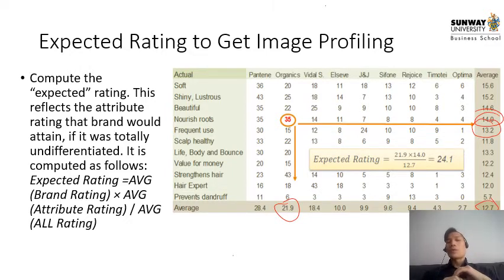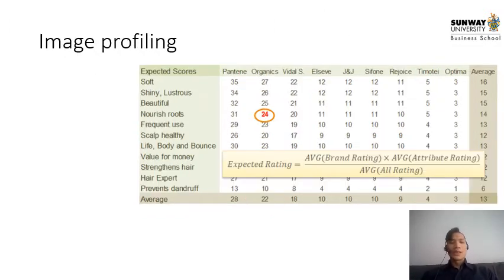And that's where we will get the expected rating for each of the points. So if you're talking about 35, for example, then we have what we call an expected image profiling. So in image profiling, it's kind of like an expected thing. So we get the average brand rating and the average attribute rating.